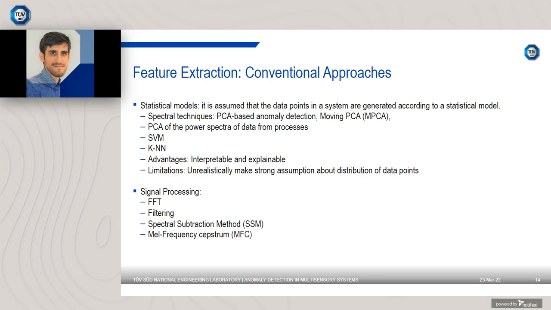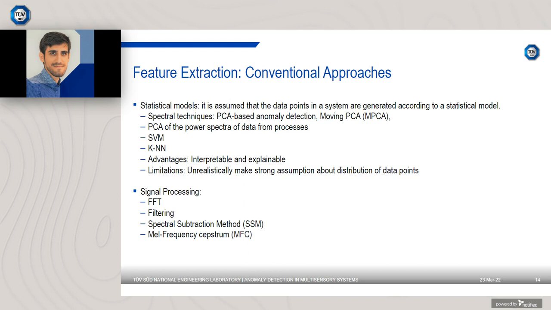Methods such as PCA, SVM, and KNN generally involve measuring the reconstruction error between a data point and the reconstructed data point. So we reconstruct the data point from an input and then measure the error between the reconstructed signal and the measured signal to see the error and the quality of the signal.